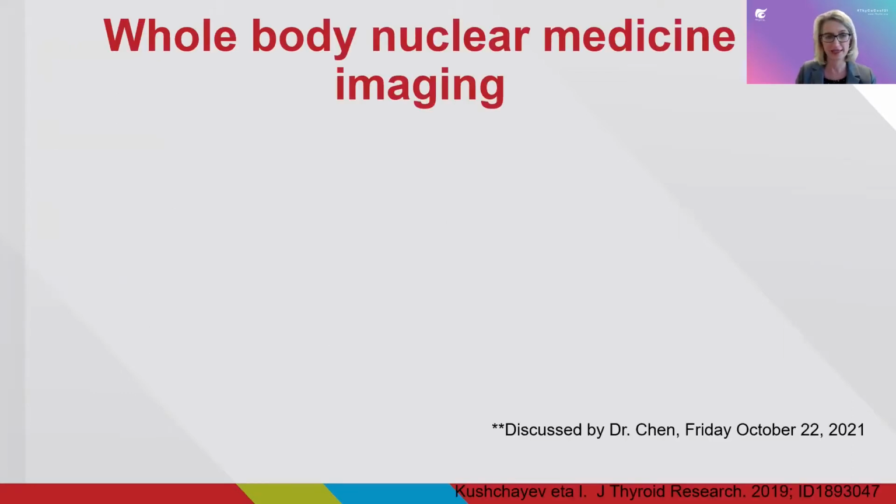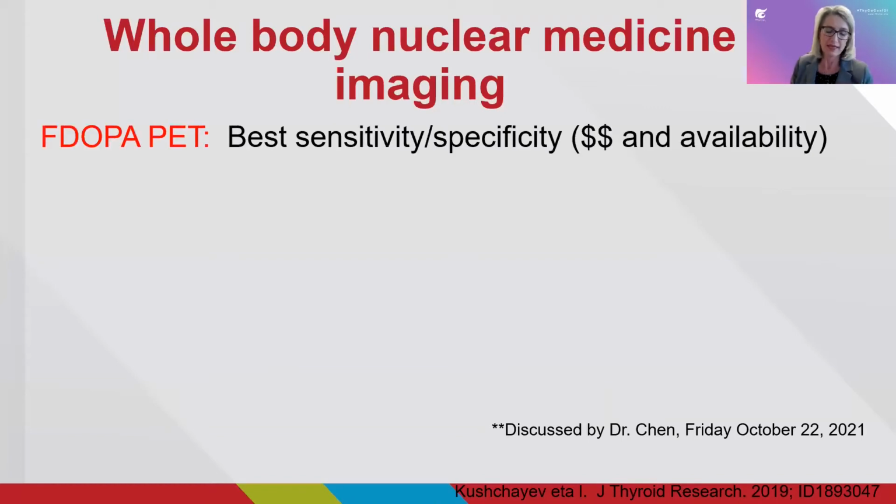This is something that is emerging, and I believe you had a talk last night about the focused radio-labeled octreotide as a potential treatment for this with Dr. Chen. When they have looked at nuclear medicine scanning, they've looked at various PET scans. The F-DOPA PET has been found to be the best one.